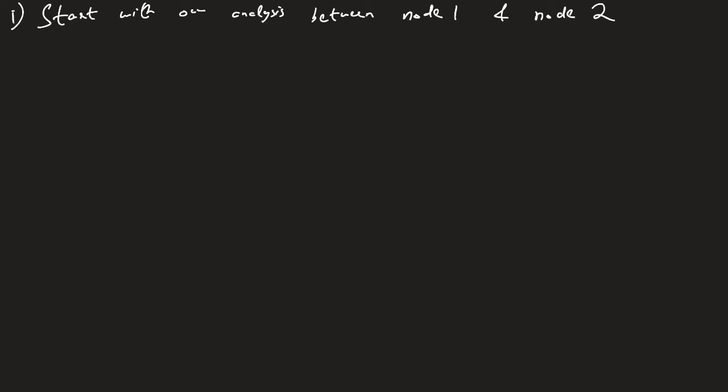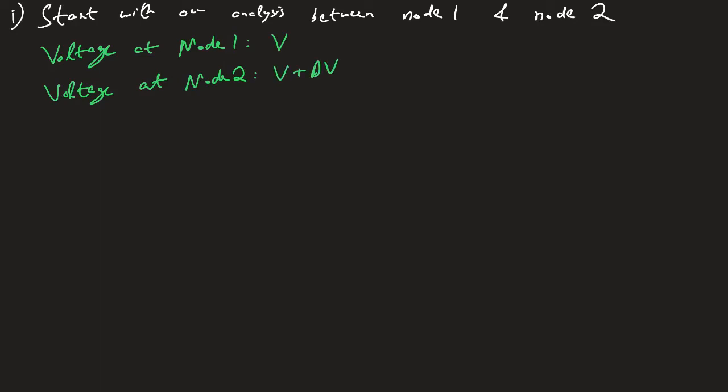The voltage at node 1 is V. The voltage at node 2 is V plus delta V. Now, between node 1 and node 2, you have an inductor and you have a resistor.